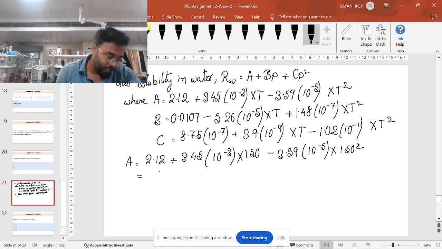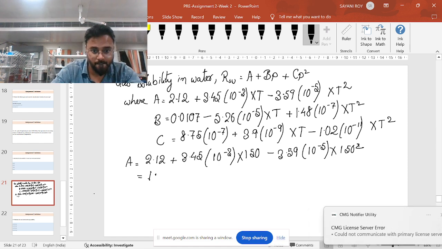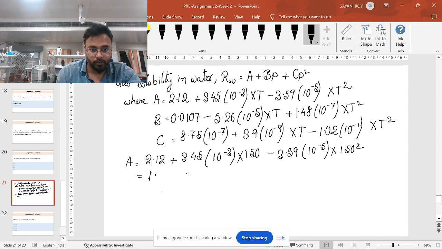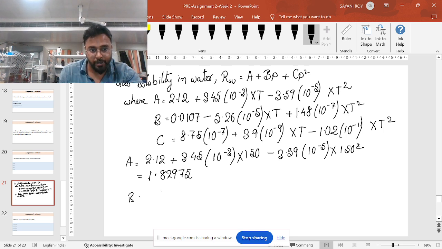If we calculate this, the answer should come out as 1.82975.